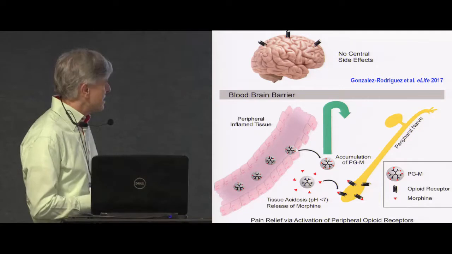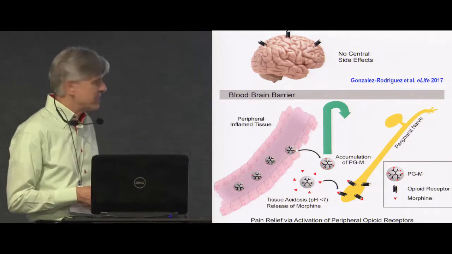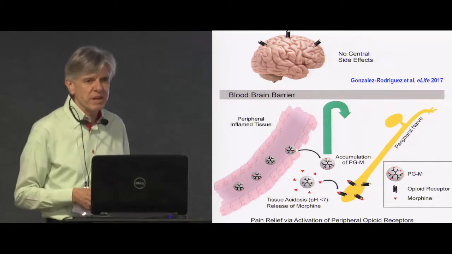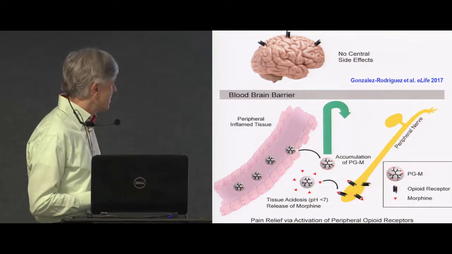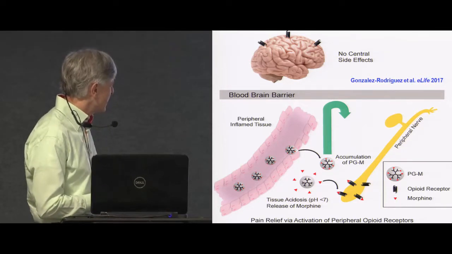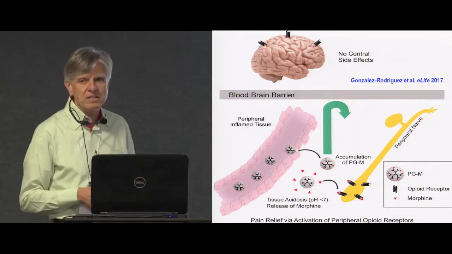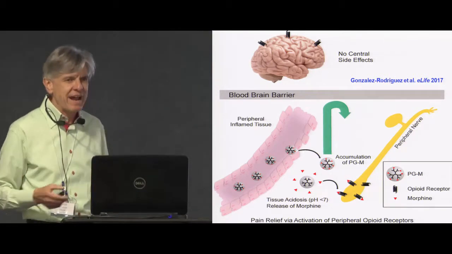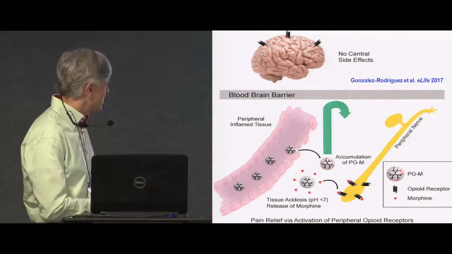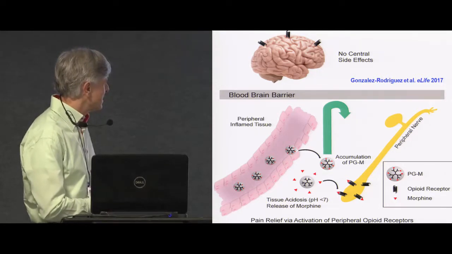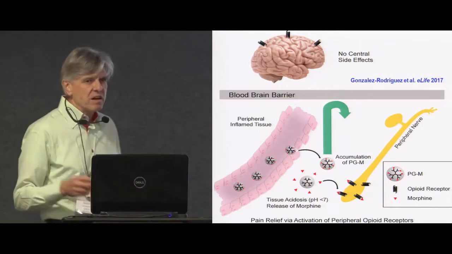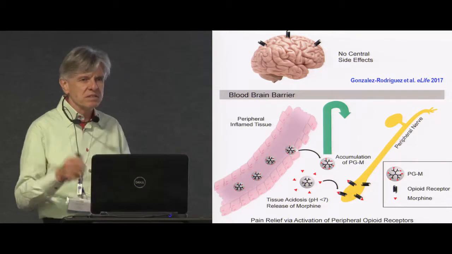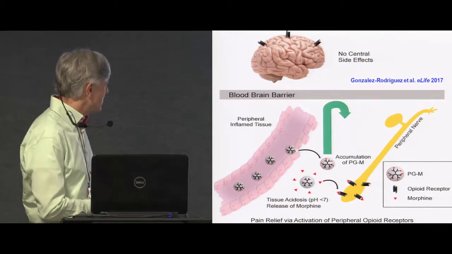One strategy that we've been following for about 10 years, we're working with chemists at the Free University of Berlin that have developed a polyglycerol backbone, a so-called nanocarrier, and they were able to synthesize and conjugate morphine onto this polyglycerol backbone.